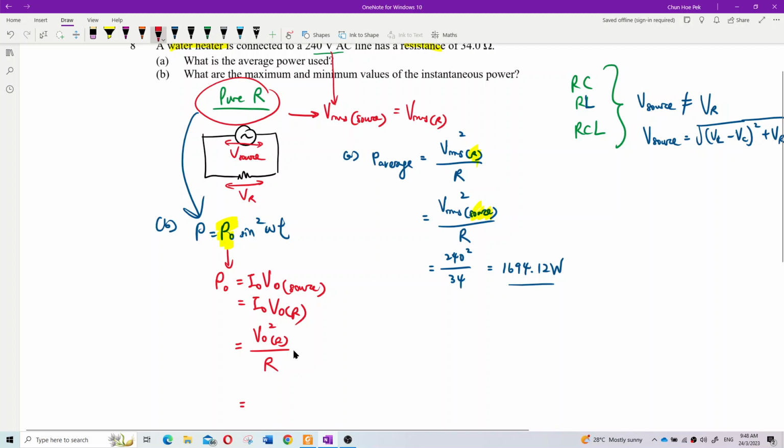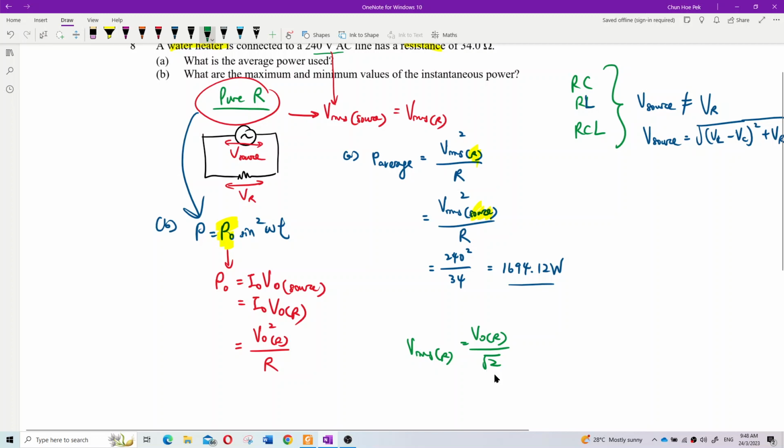So what's the value of V naught? I have to find V naught R first. I have VRMS R equal to V naught R over root 2.